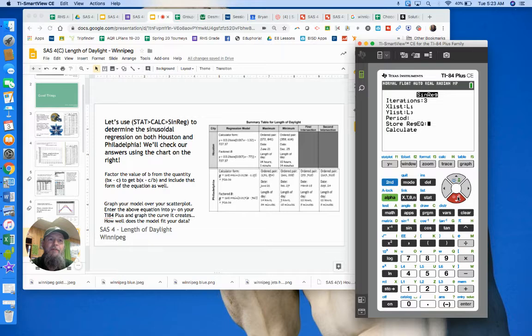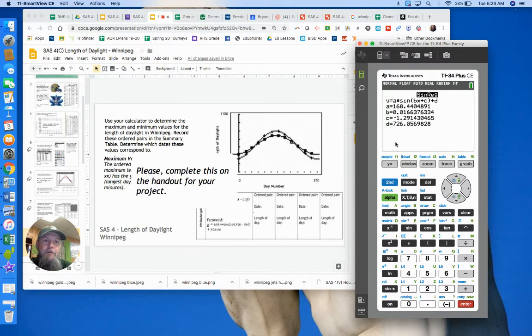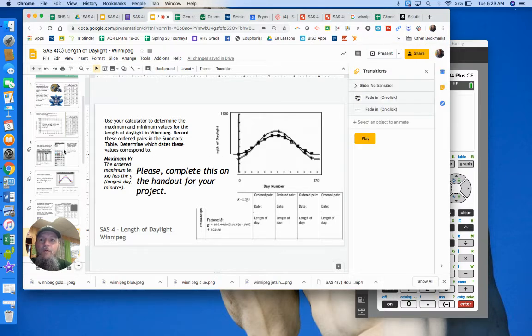Now when I calculate it, it will give me the regressed formula for the sinusoidal function for that one. Notice 168.44 sine times 0.017 x, minus 1.29, close, plus 76.06. That's exactly what we have here.